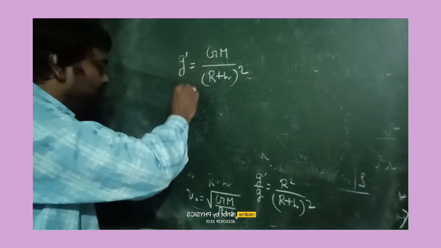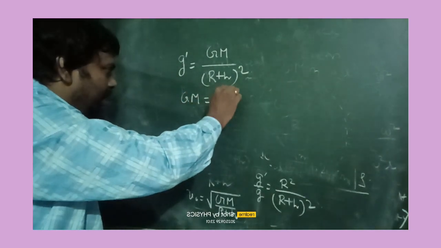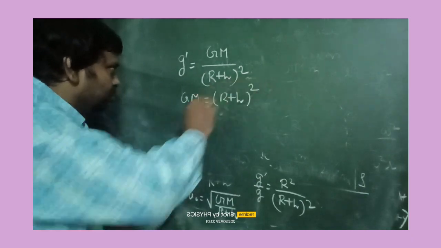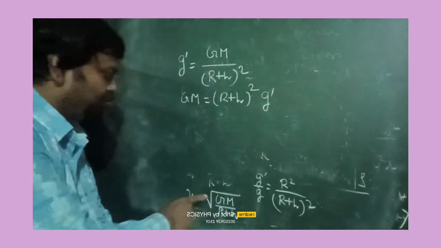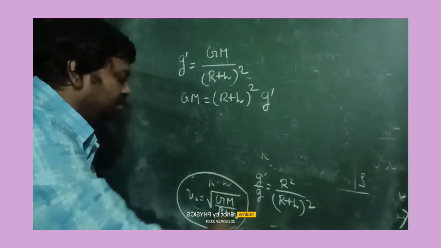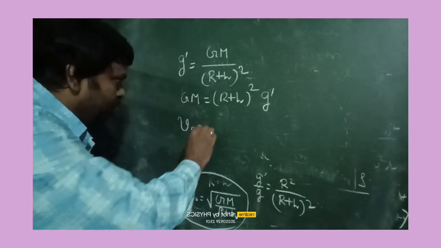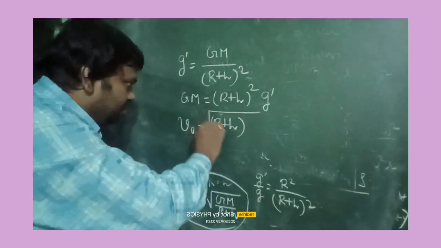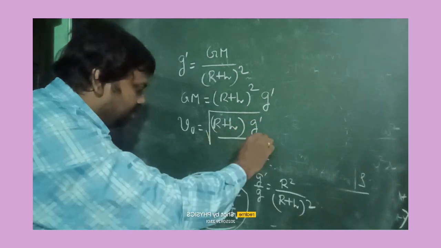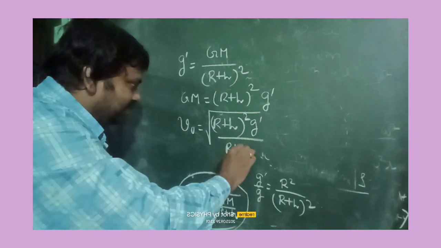Now replacing, GM is equal to (R plus h) whole square into g dash. Now putting it in that equation, what will we get? V0 is equal to under root (R plus h) whole square into g dash by (R plus h).